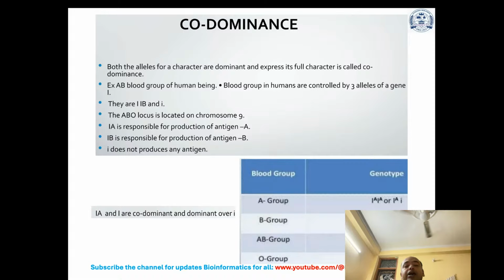The ABO locus is located on chromosome 9. IA is responsible for the production of antigen A and IB is responsible for the production of antigen B. Small i does not produce any antigen. So IA and IB are codominant and dominant over i, as you can see here.